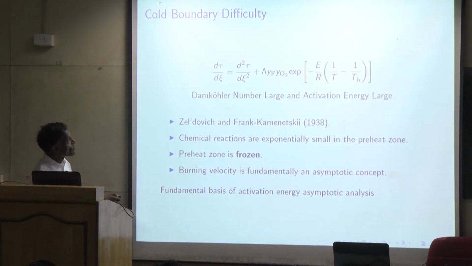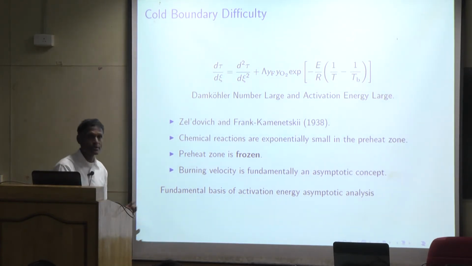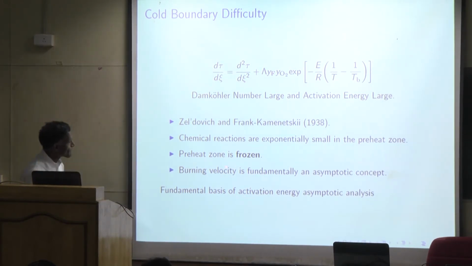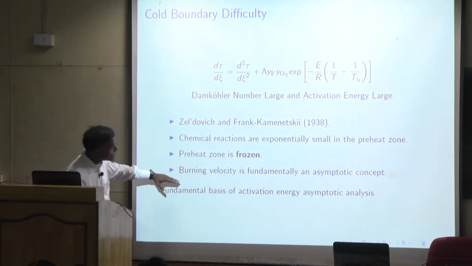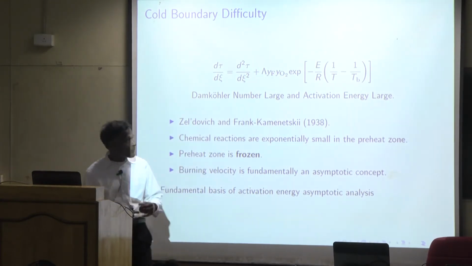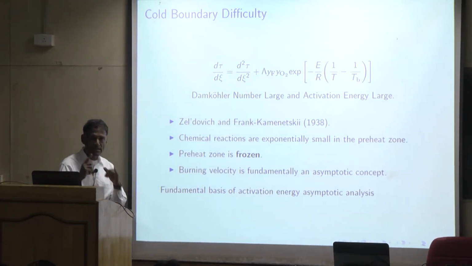So that's removed. That was a wonderful solution to the flame theory problem. It immediately says that the pre-heat zone is frozen, but the central thing I want to tell you is that the burning velocity is an asymptotic concept.